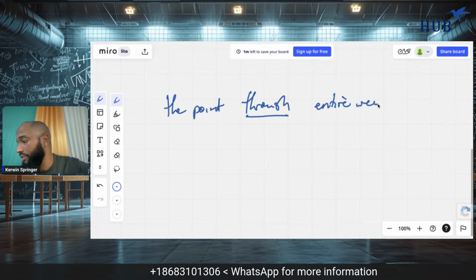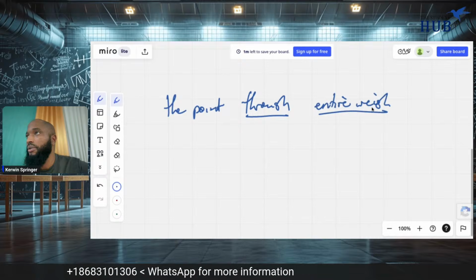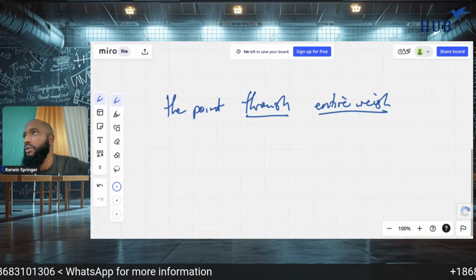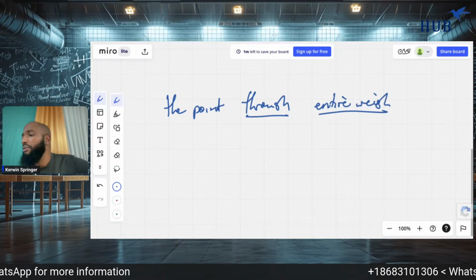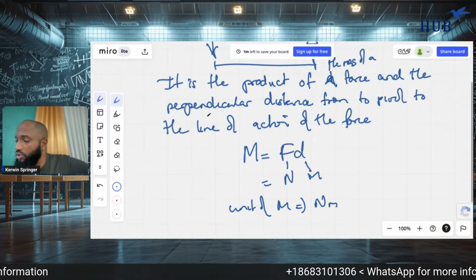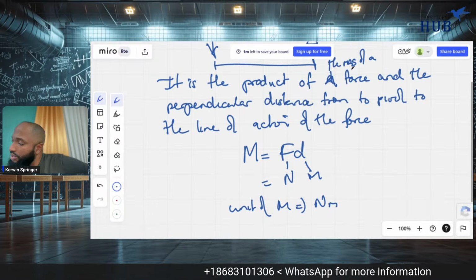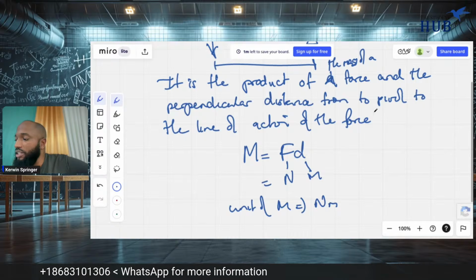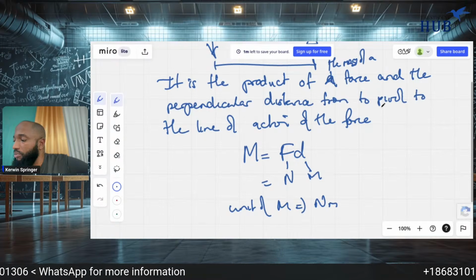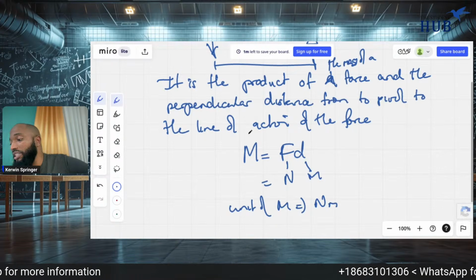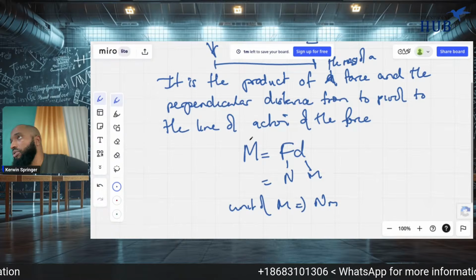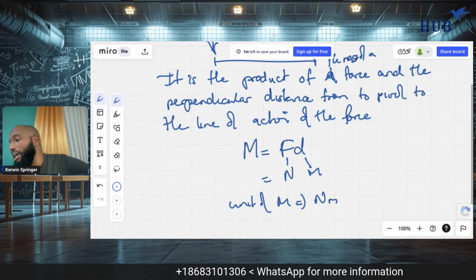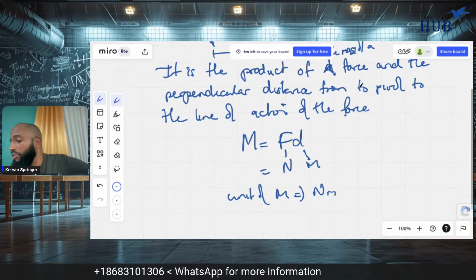Sir, did you put mass when you're defining moment, like you wrote on the screen? I didn't put mass. That's force. It is the product of the magnitude of the force and the perpendicular distance from the pivot to the line of action of the force. Yeah, that's the magnitude of a force.